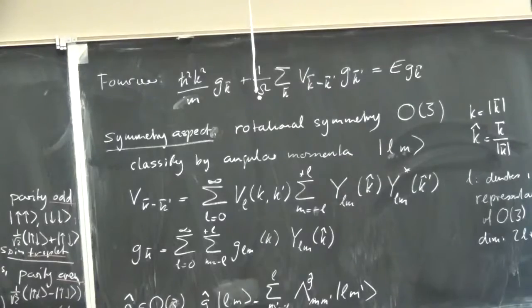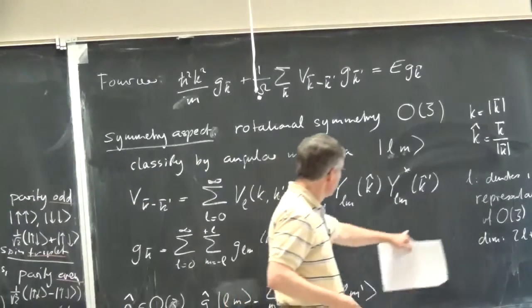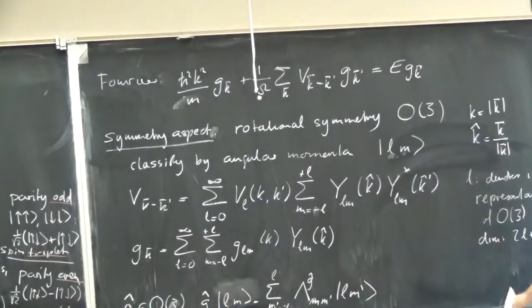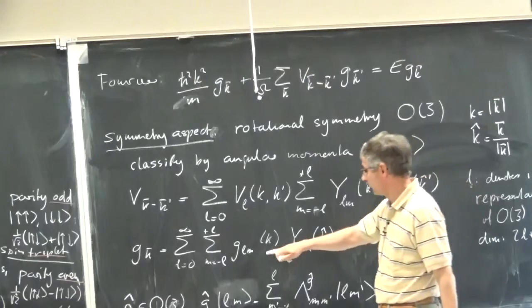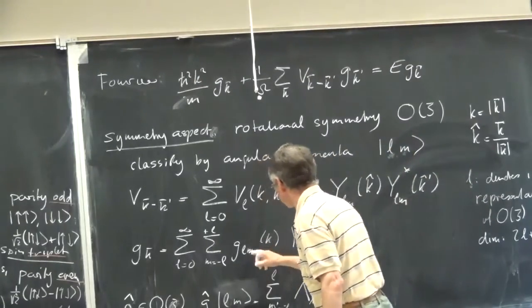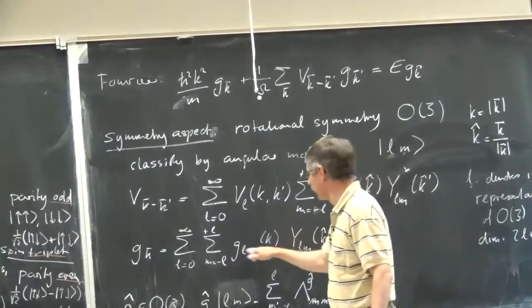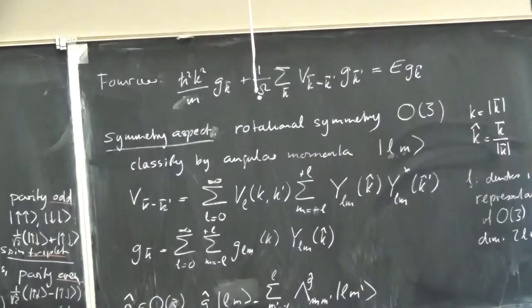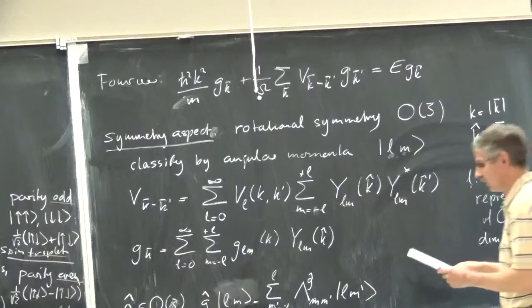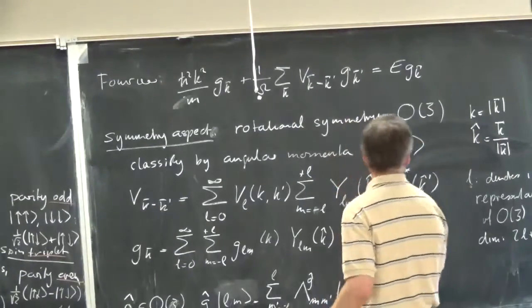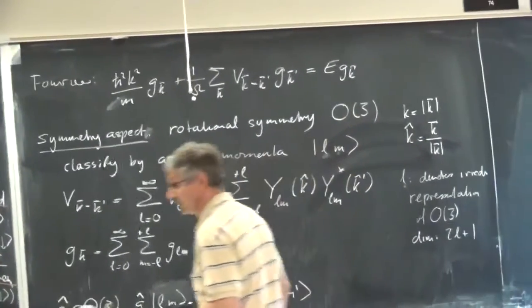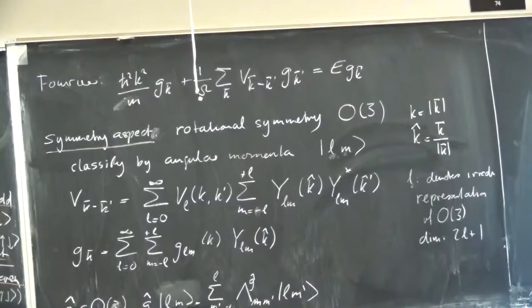So I make a superposition of this. So L characterizes the angular momentum and the irreducible representation, and we have different m's, and all states with different m's in such a problem would be degenerate.